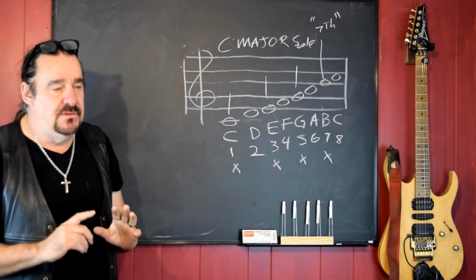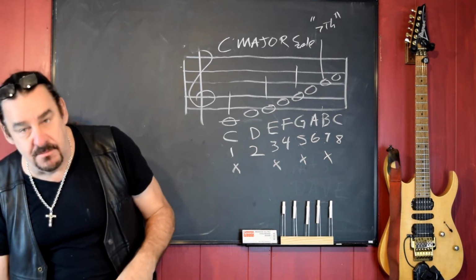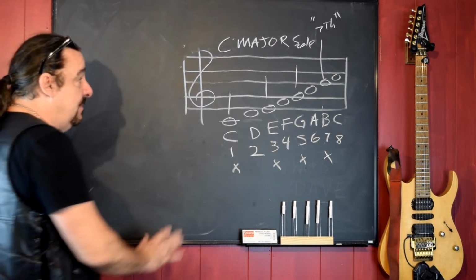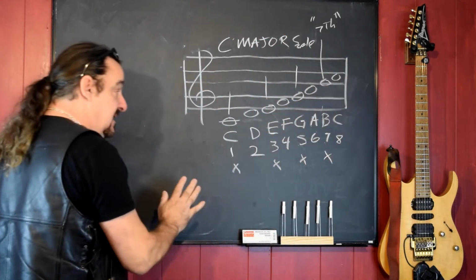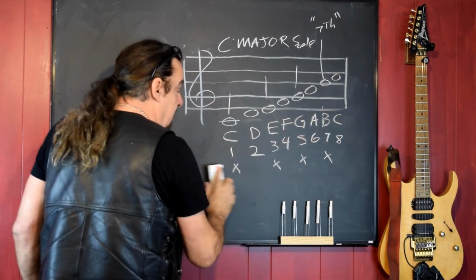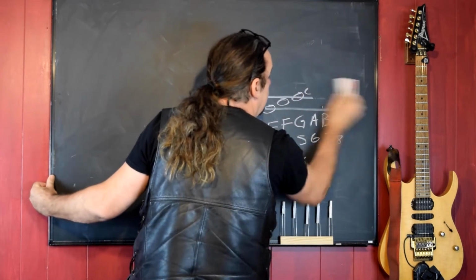But suffice to say, for this video, we're just going to talk about the formulas of what notes make up those chords. So I'm going to simplify this down. I'm going to erase this and put a small version of this up here. Just these numbers, so we don't need the staff anymore.